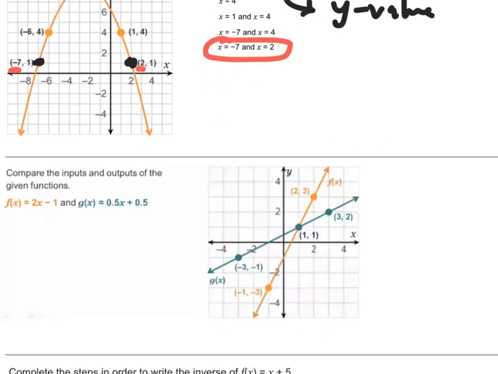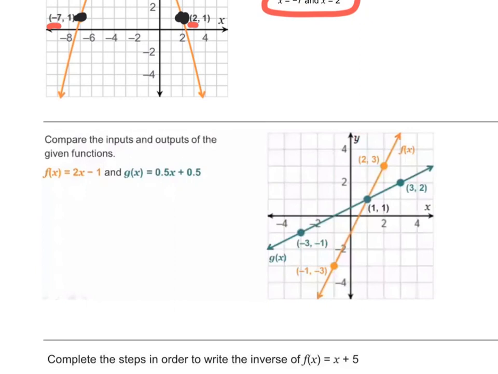On this one, it wants us to compare the inputs and outputs of the given function. So we have this function f, which is in yellow or orange, and this function g, which is in green. What I notice about each of these points is that I have the points 2, 3 and 3, 2. They share a common point of 1, 1, and then we have these other points, -3, -1 and -1, -3.